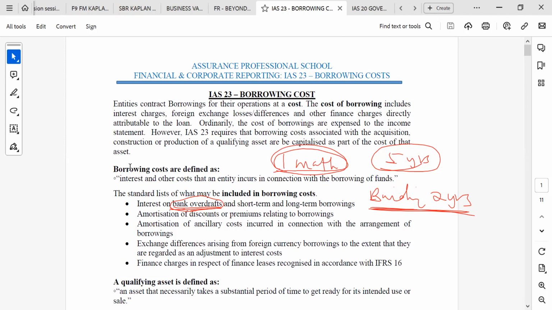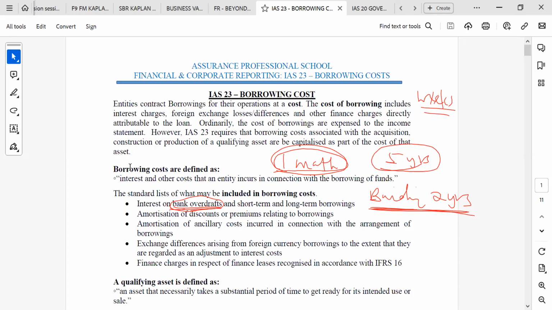But if the asset is going to take 2 weeks, you can ignore the 2 weeks, because charging interest on a weekly basis will be an issue. So for a week or maybe 2 weeks, you can ignore the borrowing cost. But for a substantial period, maybe 1 month is okay, 2 months is okay, 4 months, 6 months.